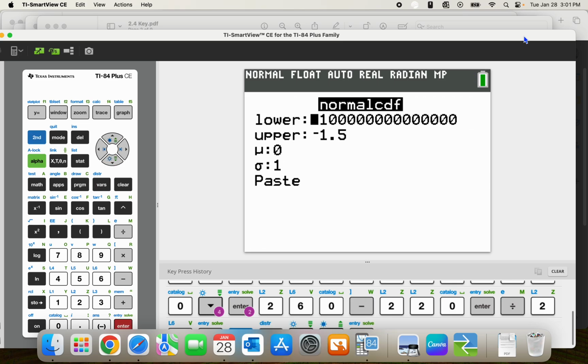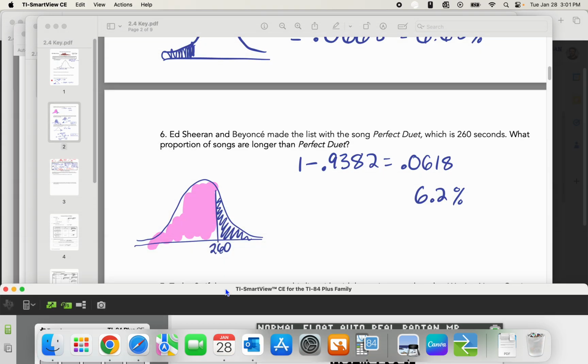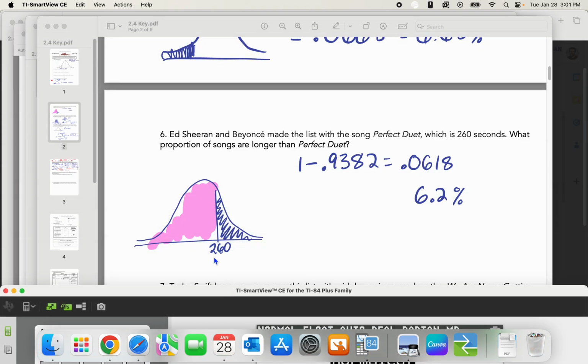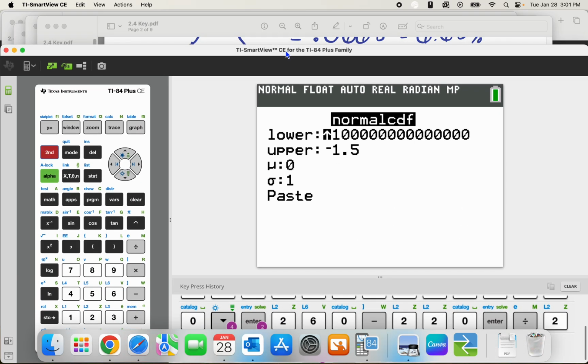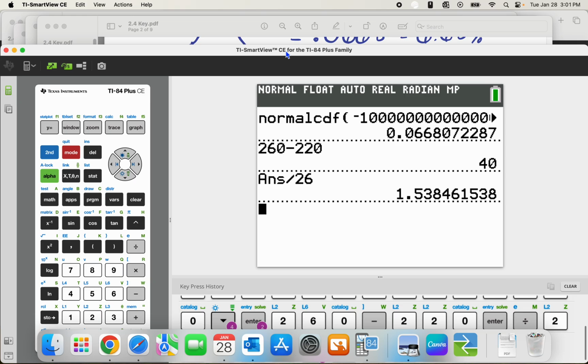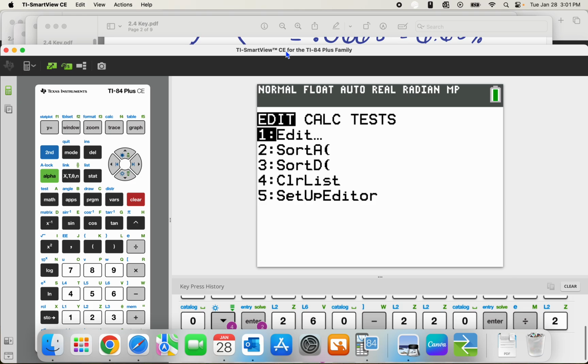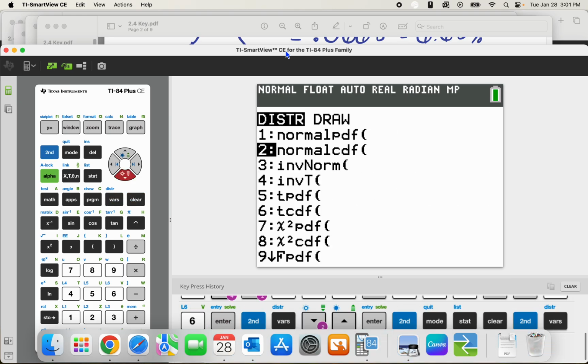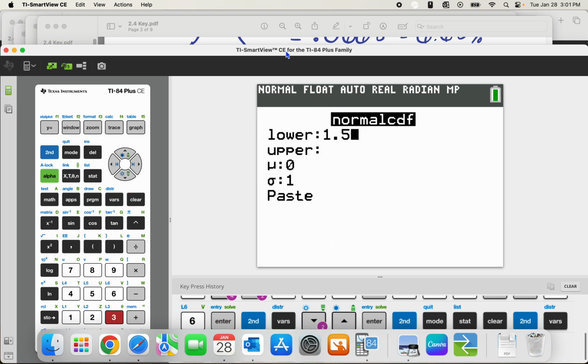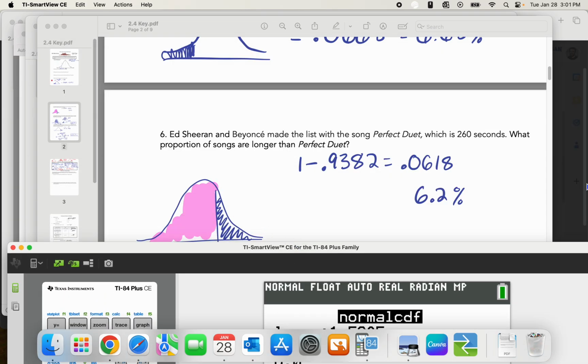As I start typing things in, now my lower and upper bounds have changed. My lower boundary, the left side where the lower numbers sit, is now going to be my z-score. The z-score was 1.5385. And now the upper boundary goes on forever in the right direction.